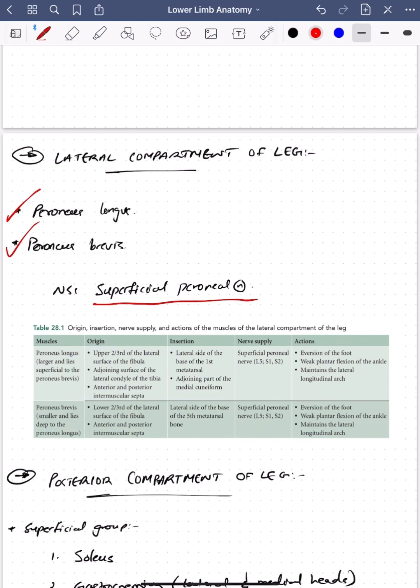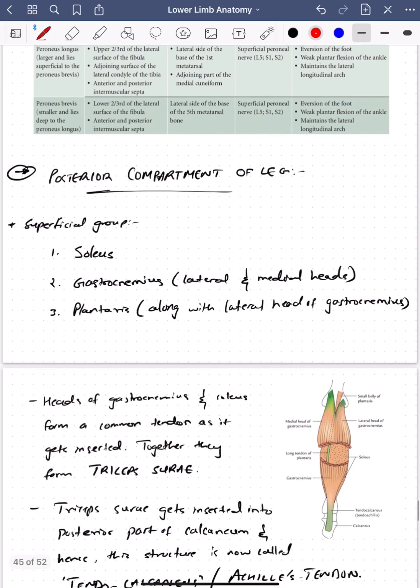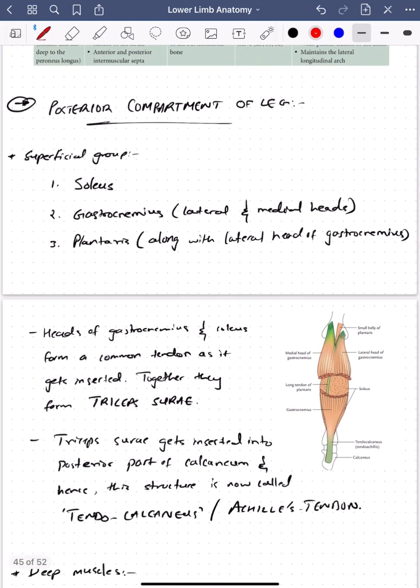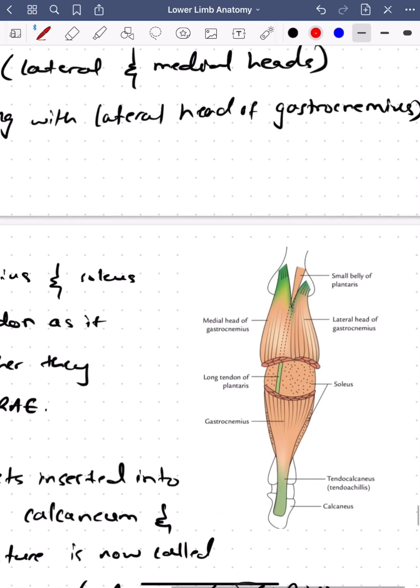Now next is the posterior compartment of leg. The muscles in the posterior compartment of leg are divided into a superficial group and a deep group, to simplify this study. In the superficial group, there are 3 muscles, and the most superficial is the soleus. Then we have the gastrocnemius muscle. As you can see in this diagram, it has a medial head and a lateral head.